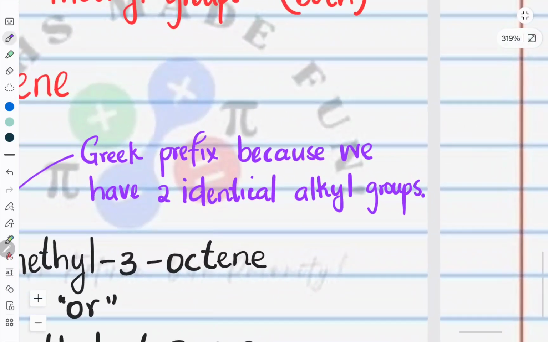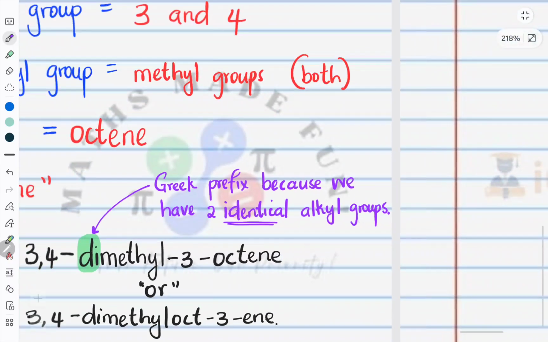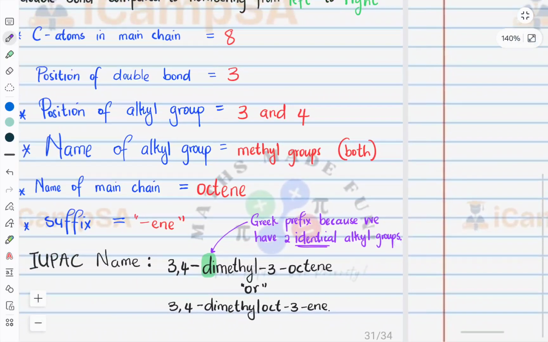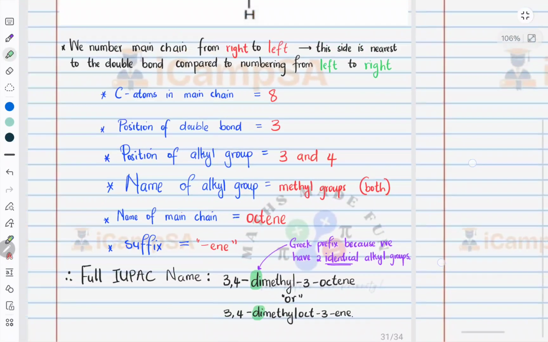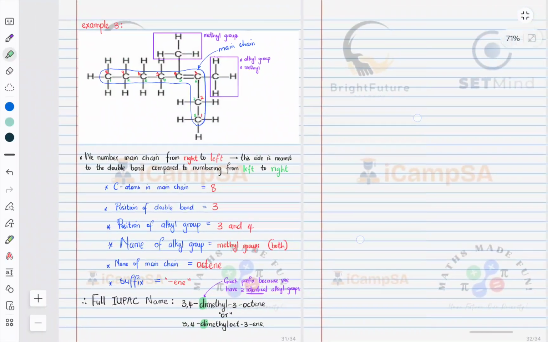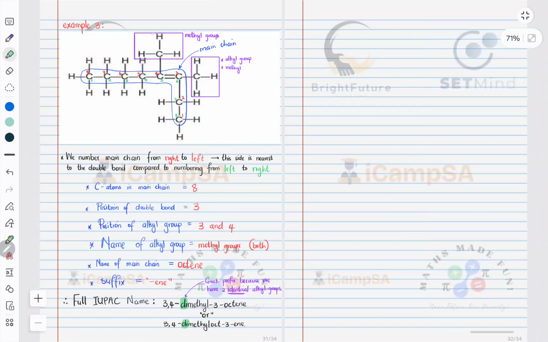They are not just 2 alkyl groups, but they are 2 identical alkyl groups. The keyword here is identical. If they are not identical, you can't use the Greek prefix di, tri, or tetra. Okay, you can't use those. So it's only for if they are identical. Okay, all right, so let us push forward to our next part of the examples.